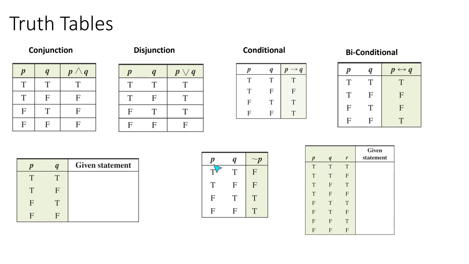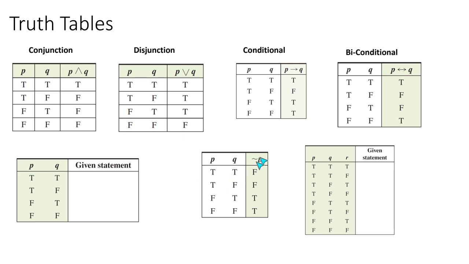So in these tables, here we have P is true, true, false, false. And then Q is true, false, true, false. On the right side of your two simple statements, this is where the work is going to be. So if you have negation P, then negation P we said is the opposite, right?